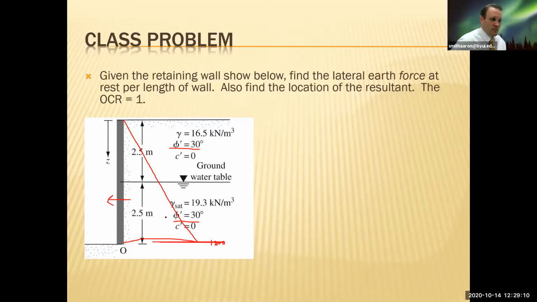And then we would know that pressure would be acting at 2/3 from the top or 1/3 from the bottom, and that would be the resultant force of that. And then we'd multiply that by K naught, and that would give us our total lateral earth pressures that are acting on the wall.